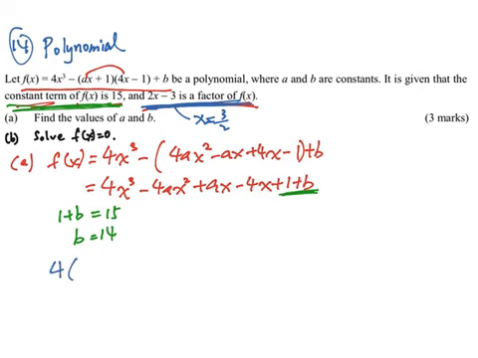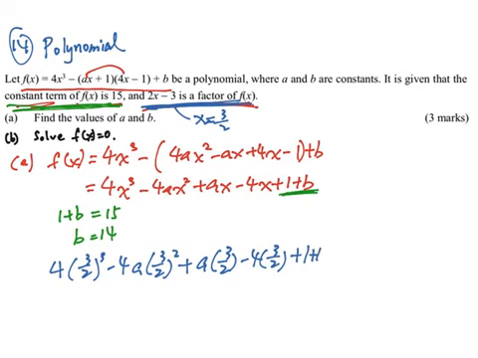So that means 4 times 3 over 2 cubed minus 4a, a we don't know, 3 over 2 squared plus a times 3 over 2 minus 4 times 3 over 2 plus 1 plus 14. It is equal to 0. After simplification, we can get a equal to 3.